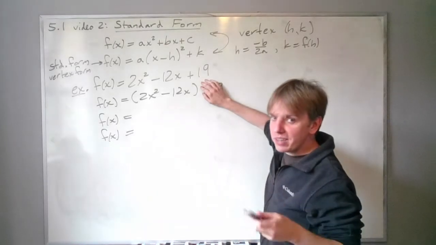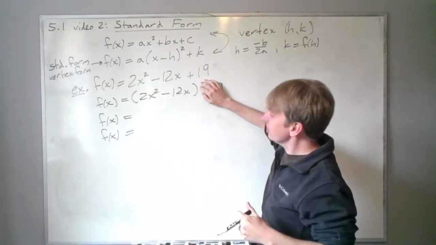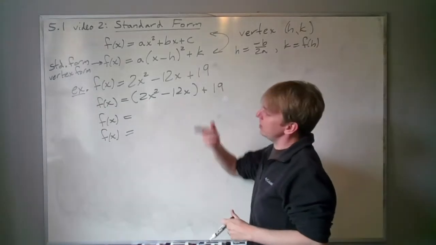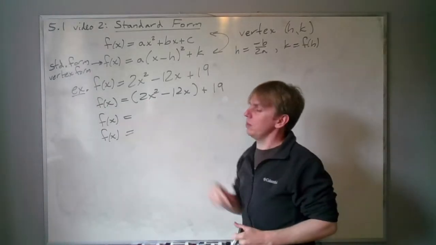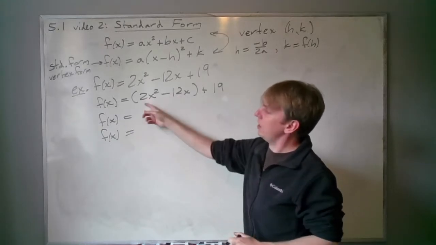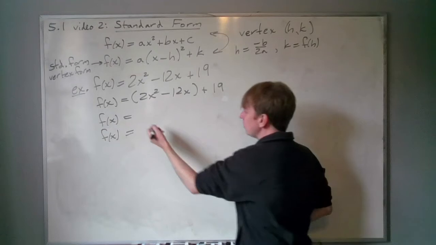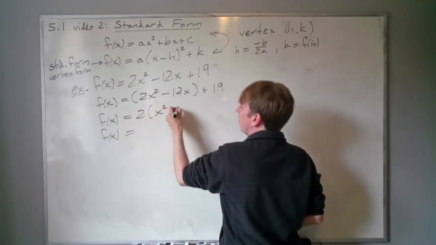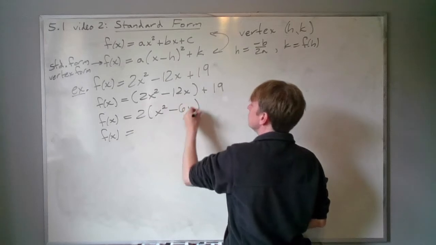But we're not trying to solve for x. We're not using completing the square for that reason. So instead of dividing both sides by 2, because again, that would mess up my left-hand side, I think I want to factor a 2 out of the entire quantity in parentheses. So I'm going to make this 2 times the quantity x squared minus 6x.